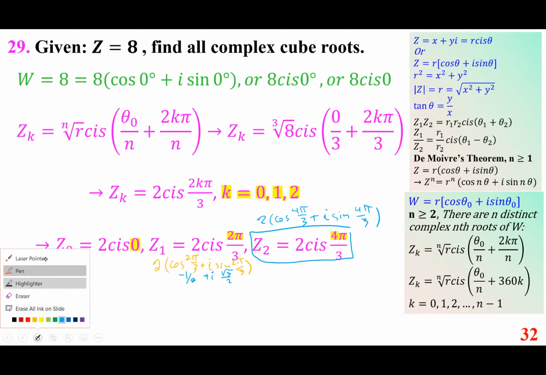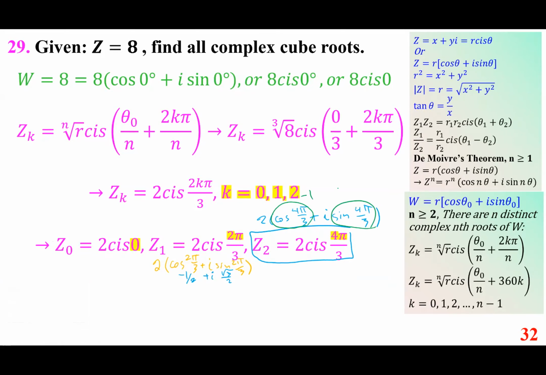Therefore, this is minus 1/2, and this is minus square root of 3 over 2. So both of them are negative. And when you multiply by 2, the denominator goes away. Therefore, for this one, the answer is 2. For this one, it is negative 1 plus i square root of 3. And for the last one, it is minus 1 minus i square root of 3.